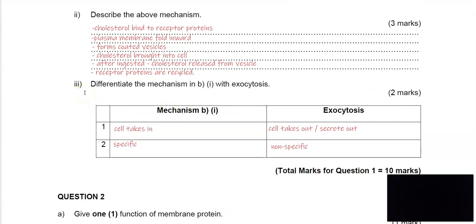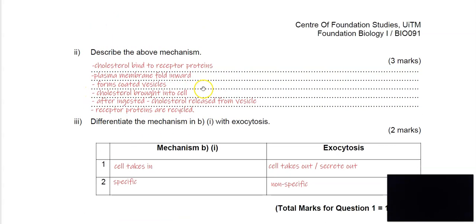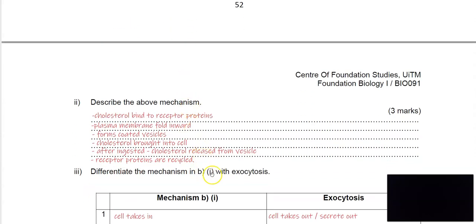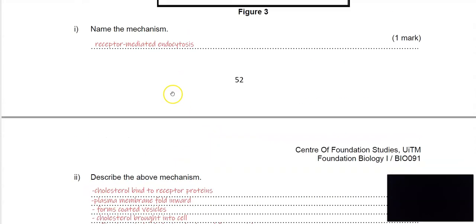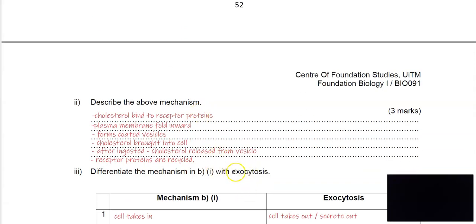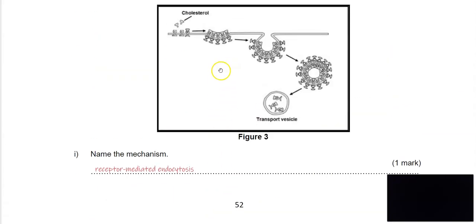Next question: differentiate the mechanism in B, which is receptor-mediated endocytosis, from exocytosis. Endocytosis brings specific molecules into the cell. Exocytosis brings out or secretes products or waste from the cell to the outside.